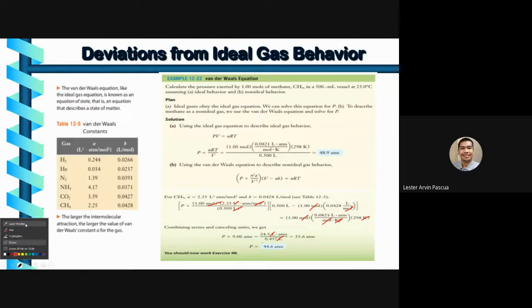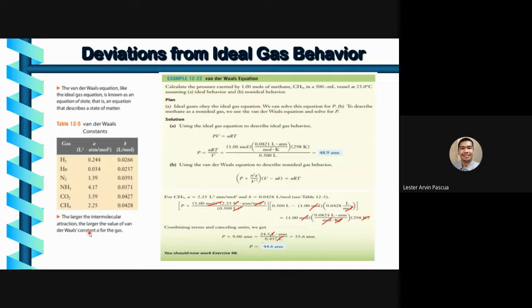Siguro I'll just give 1 or 2. Baka 1 nga lang. Kasi for introductory topics of gases, hindi masyado talagang yung real gases. Pero, yun, no? But just for you to know na what we're talking about in the ideal gas laws are not literally what's happening in the real.